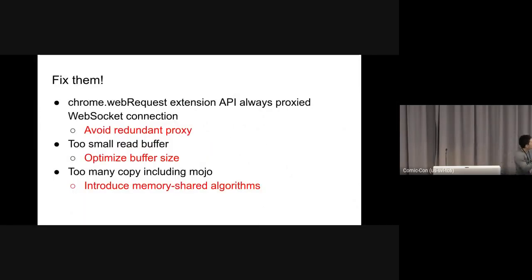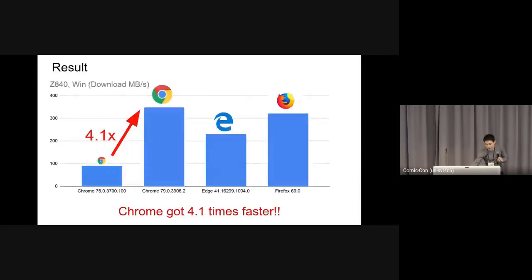So for proxying, we removed the redundant proxies, and for the small read buffers, we optimized the buffer size, and finally we introduced memory shared algorithms. Okay, then next come results. Yeah, we got 4 times faster.